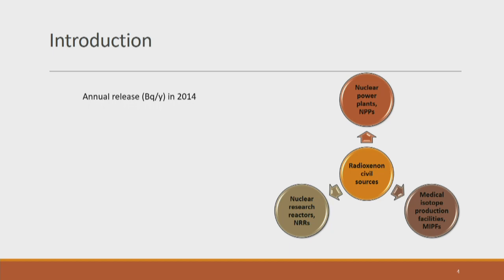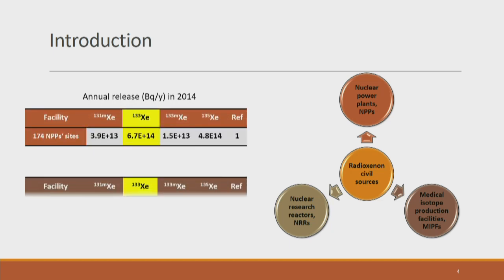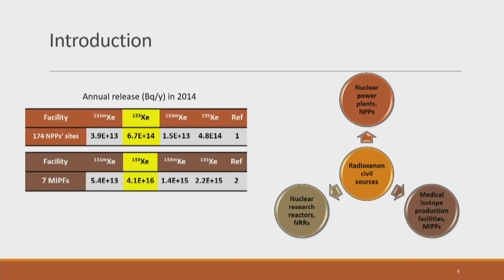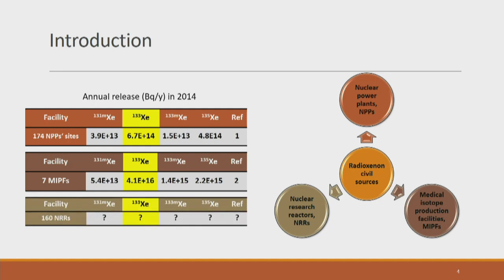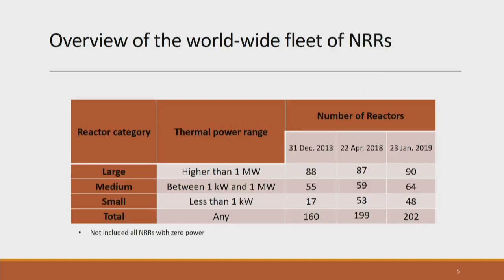These are the annual release of these facilities in becquerel per year. The medical isotope facilities are the main source of radioxenon in the atmosphere. Nuclear research reactors are the only source of which the xenon releases haven't been systematically assessed yet. Nuclear research reactors have different varieties than nuclear power plants.